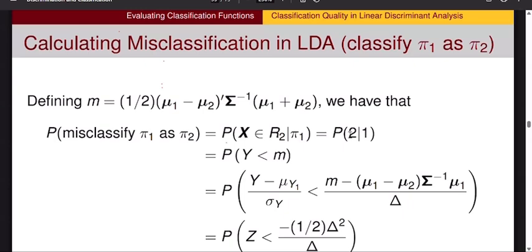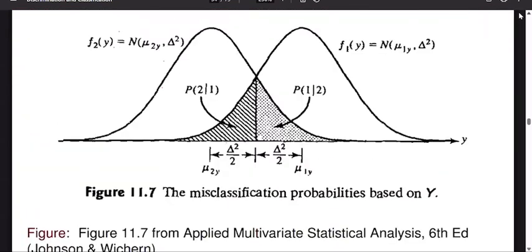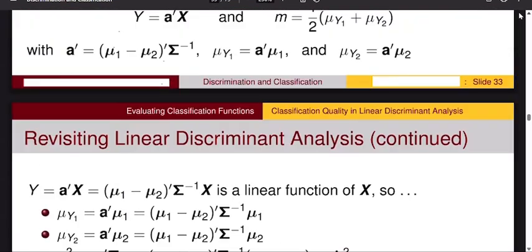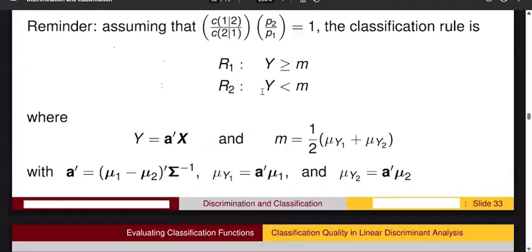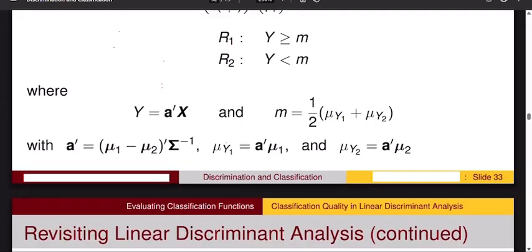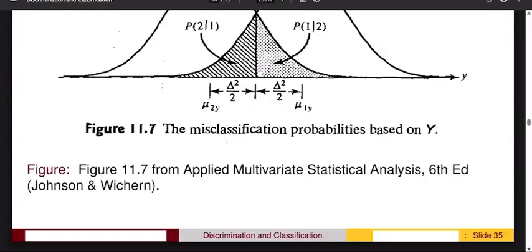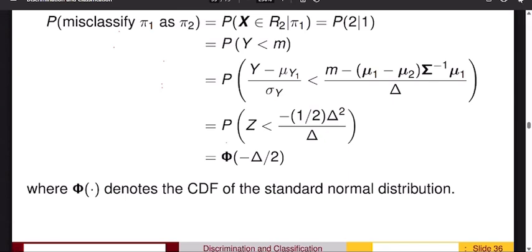And what I'm going to find is the probability of y less than m. Where is the y less than m coming from? It's right here. Take a look at that. Because I'm classifying that into group 2. Y less than m is classified into group 2, whereas y greater than or equal to m is supposed to be in group 1. So I'm going to find the probability associated with y less than m.